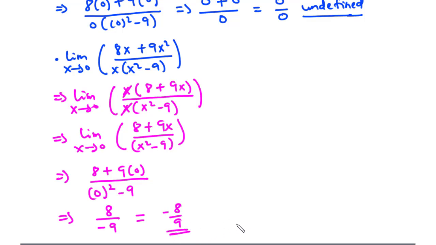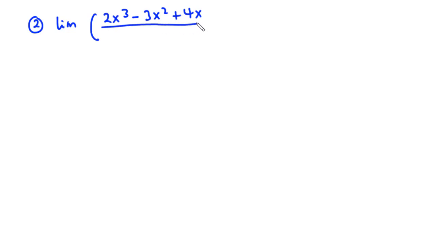So let's take the second example. So for example 2, let's find the limit of the function 2x cubed minus 3x squared plus 4x divided by 5x cubed plus 2x squared minus 3x as x approaches 0.